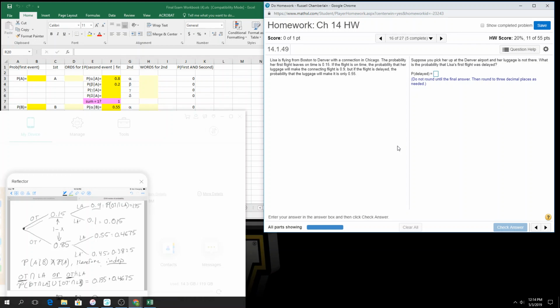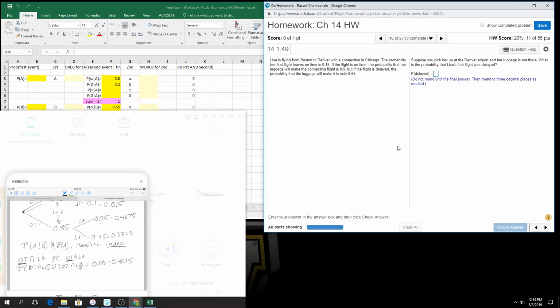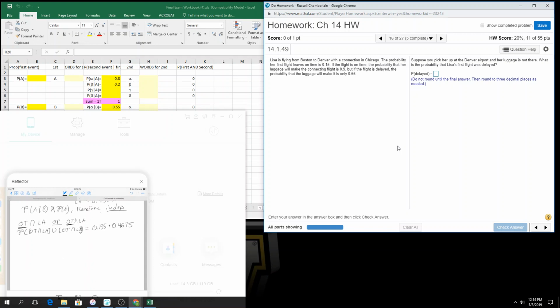You calculate your and probabilities by multiplying down the branches. Then it's just applying formulas. You've got 3 formulas to look at.